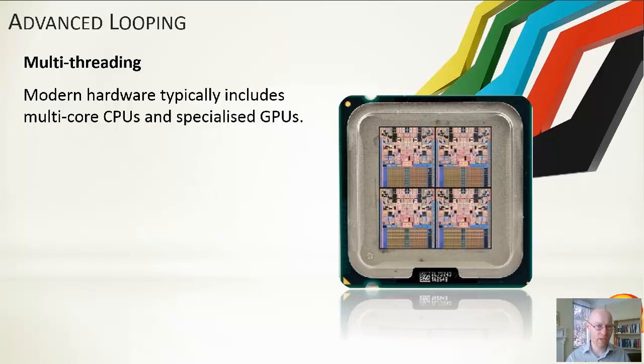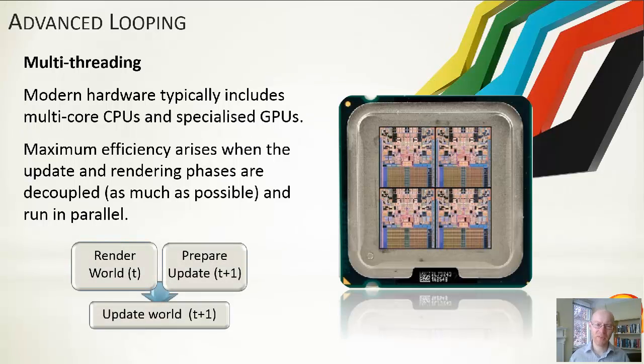Sure, whenever you're calling update and whenever you're calling render, you can have as much threading within those methods as you want, but our world view within the game loop was single threaded. And that's not ideal because effectively we have a linear process. We update and we draw, we update and we draw. Whilst we are drawing, we're not updating, and whilst we're updating, we're not drawing. So we're not necessarily maximizing the amount of parallelism that we have available.